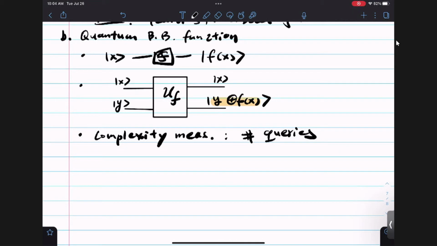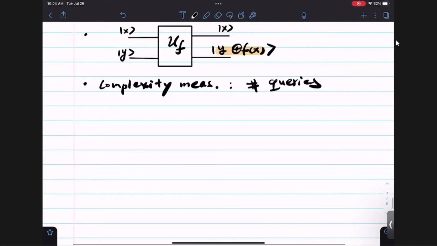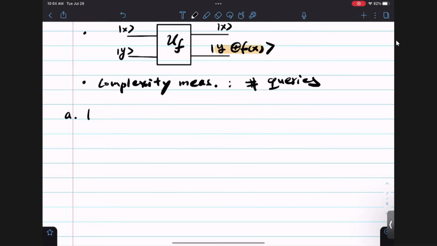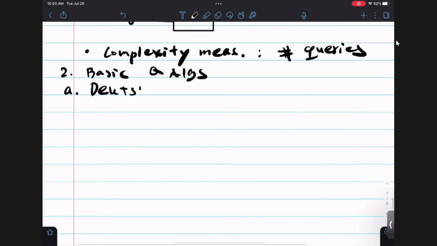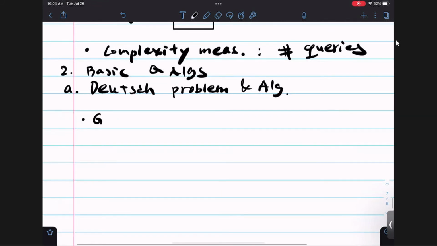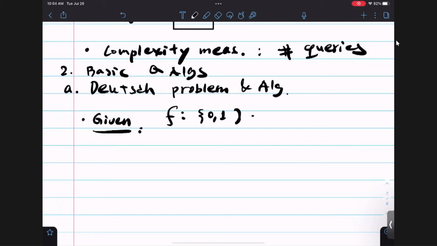Okay, so let me get to the very first problem, or quantum algorithm, which is due to Deutsch. Here, we're given a function which is pretty simple, 1 bit to 1 bit.